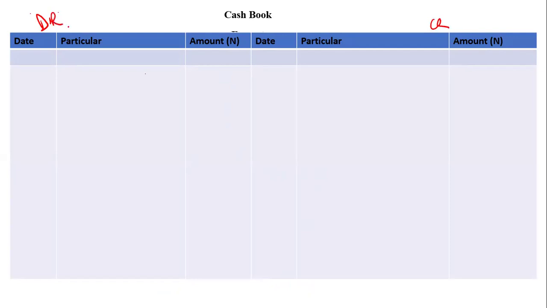The date, the particulars, and the amount of the transactions will be written appropriately. So when cash increases, bring it to this side. And when it decreases, you are taking money out of the business, it comes to this side. So that is what we have: increase and decrease.